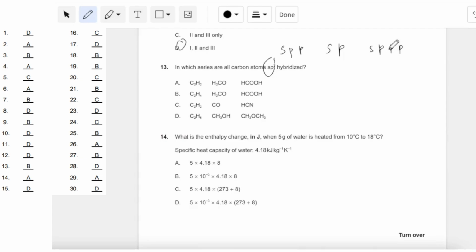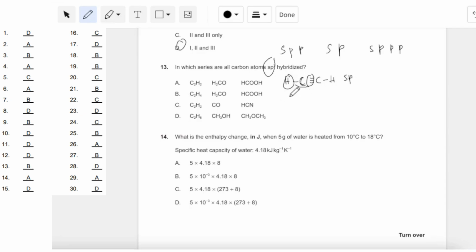For example, when you try to predict the name and also the angle of a compound, if it's 4 domains, for example, tetrahedral. Let's see C2H2. You can draw C2H2. C has 2 domains, meaning 2 sides right here and right here, so this one is sp.